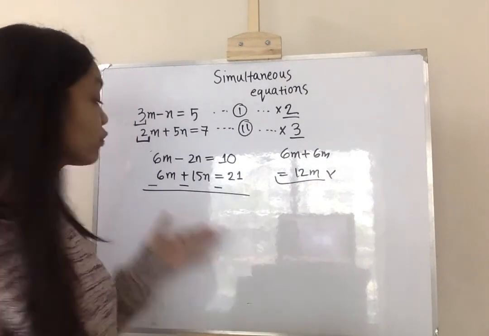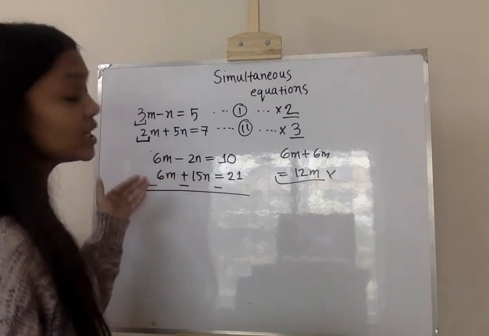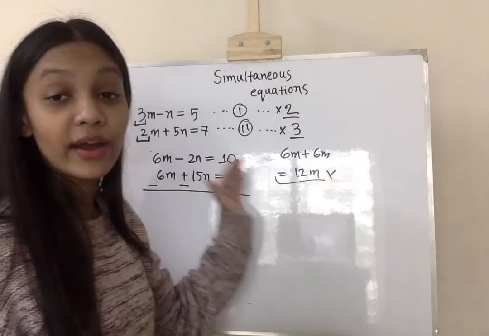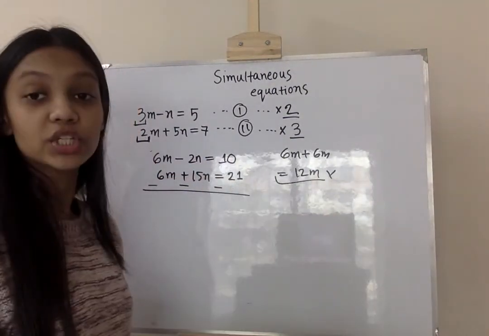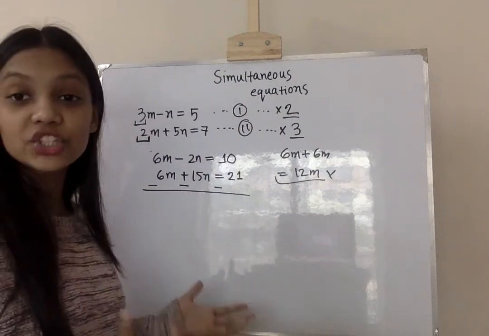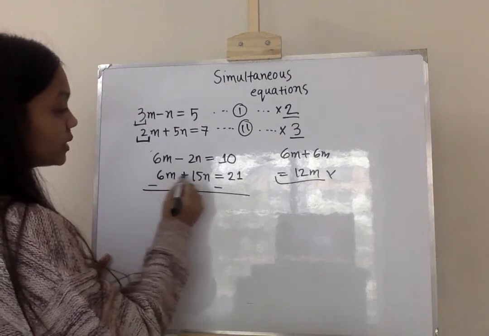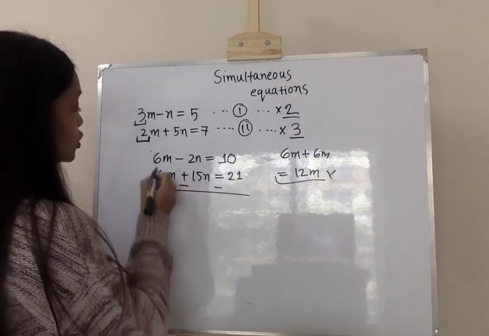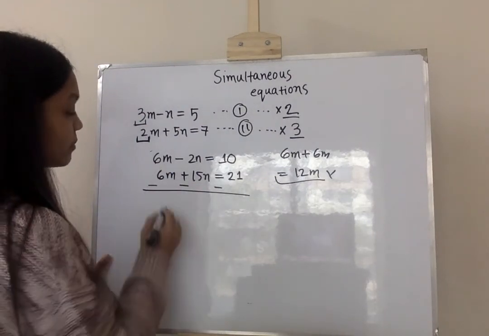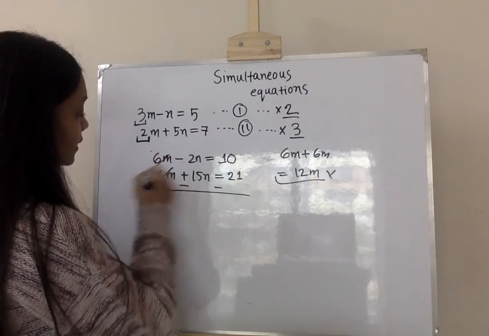Changing the signs of all the terms in an equation does not change the value of the solution. So in this case, I am changing all the plus to be minuses. So 6m minus 6m is equal to 0. So we can cut this out.